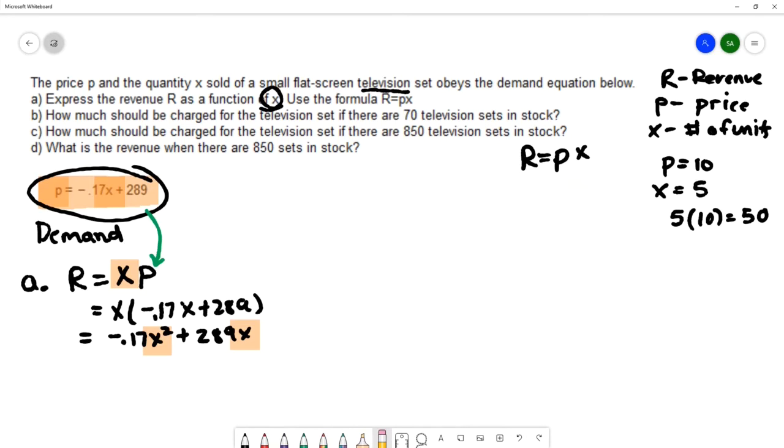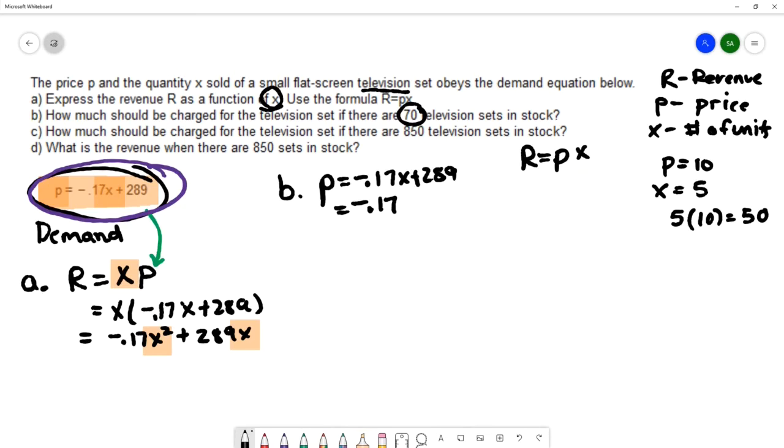So to answer this question, I'm going to use the demand equation again. So for part B, I have this equation. The price is negative 0.17x plus 289. And if we have 70 television sets, I'll do negative 0.17 times 70 plus 289.